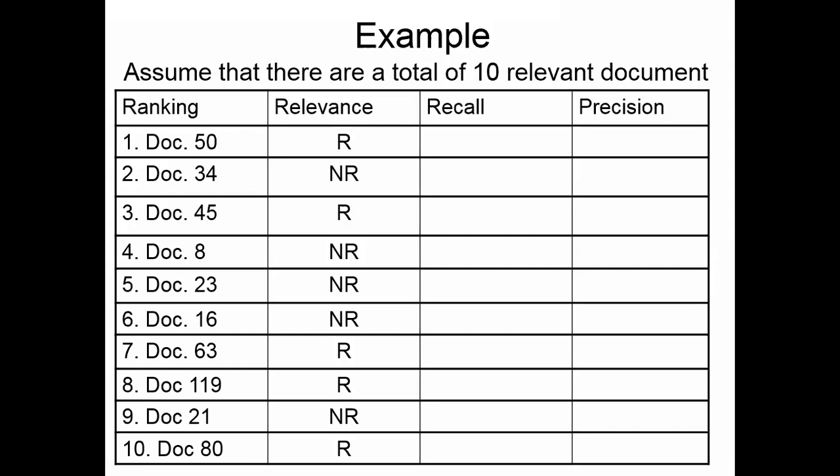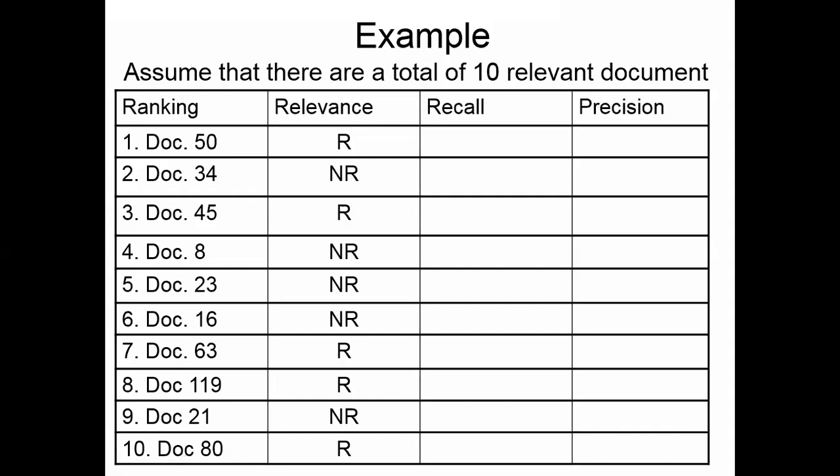Assume that we tell the IR system to retrieve 1 document, or 2 documents, or 3 documents. That's possible. Let's assume that we need only 1 document retrieved. That means document 15. What is the recall of the system?